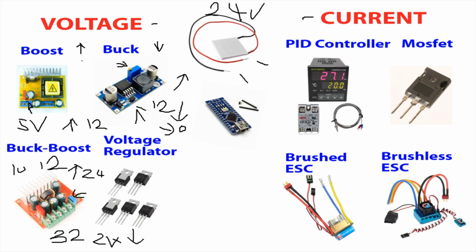So that's really flexible if you have a really wildly variable input voltage and you want a constant output. So this can handle, say, 0 to 32 volts, and it will always output a 24 volt power supply. Whereas these other systems can only do one or the other. They can only increase the voltage or decrease the voltage.